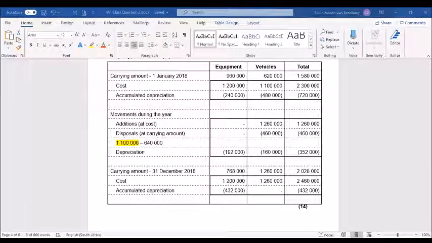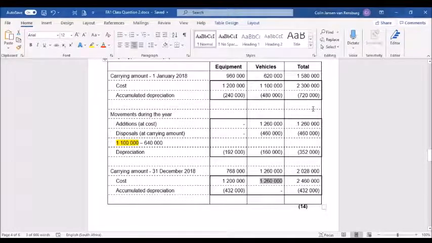Sisanda, okay, so you subtract the cost at disposal. Yes, you only subtract the cost at disposal when you are determining the cost at the end of the year, right? And the same when you want to determine only the accumulated depreciation at the end of the year. What must you go and do? Now you must go and ignore anything that has to do with the cost.